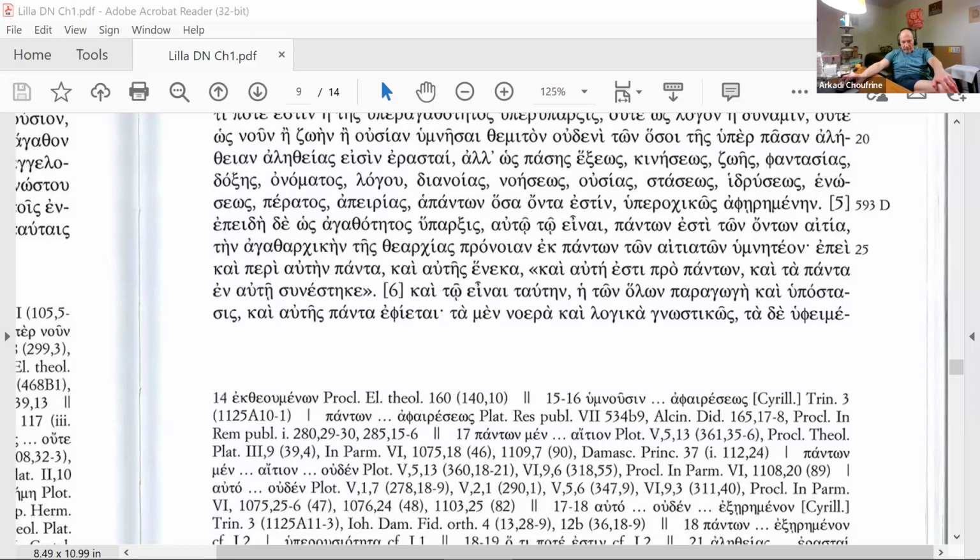Agatharchikos: being the source or principle of goodness. So how do we construe it here? The providence of the Godhead, which is the principle of all goodness. Probably a relative clause is the only option in English, as far as I can see.